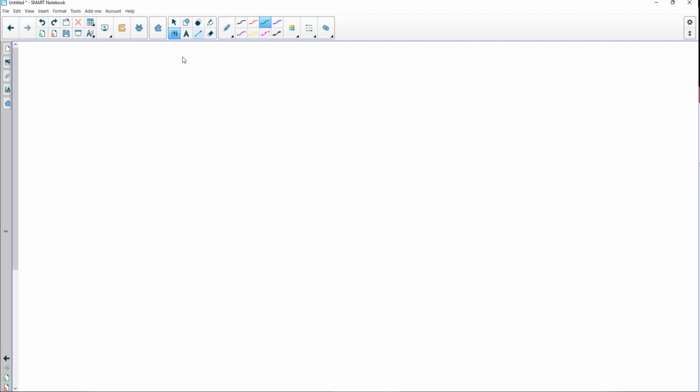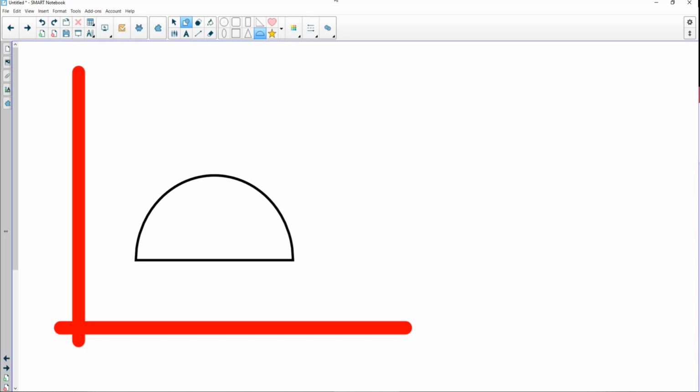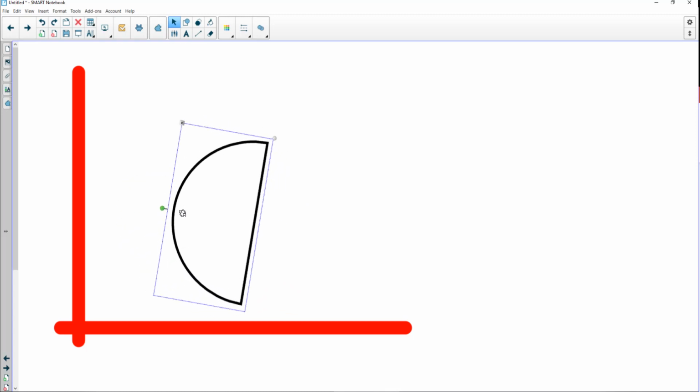Okay, I want to do one more. So let's do one more here. I'm going to really try to trick you. So basically, we'll go here and here. And I'm going to take my shapes and make a semicircle again, except this time, I want to rotate it this way.